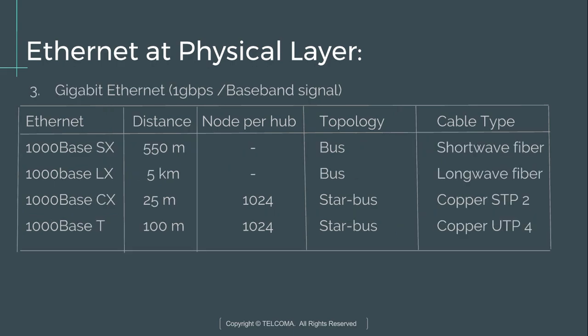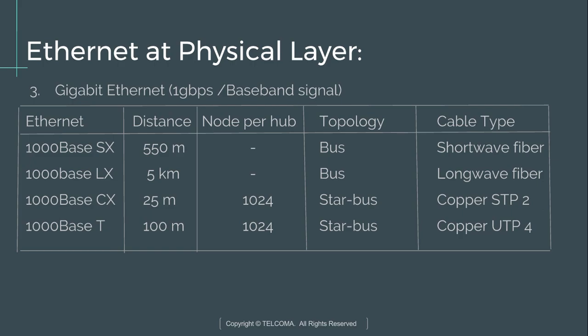The next is gigabit Ethernet, having the speed of 1 gigabit per second and using a baseband signal to transmit the data. The first is 1000 base SX. It means short wave fiber. It travels a distance of up to 550 meters, and the cable type is short wave fiber. The next is 1000 base LX, which transmits the signal over a distance of 5 kilometers using long wave fiber cables.